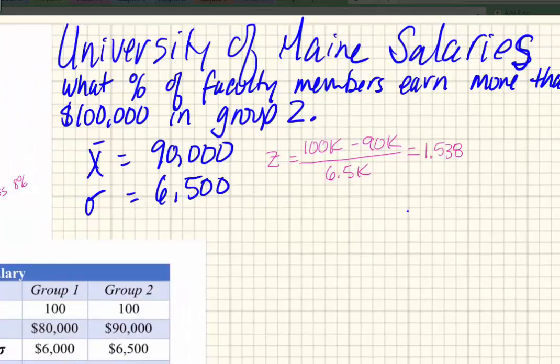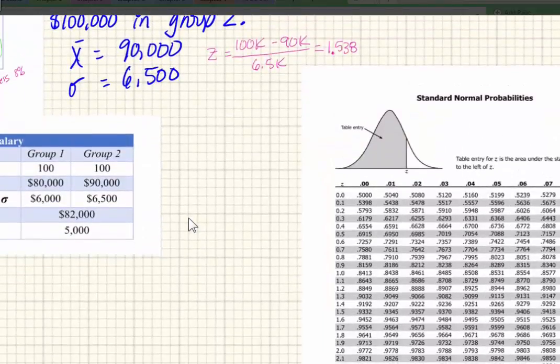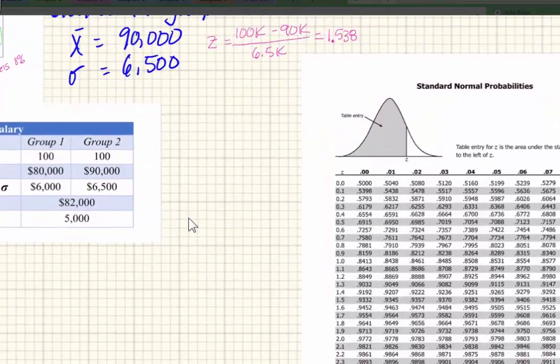And we get 1.538. So now we need to look that up on the z-chart. So when we look it up on our z-chart, we find our 1.538. We come down here to 1.5 and we go across the top to 3.8. So 3.8 is pretty close to 4. So right in here somewhere, about 93.8, 93.7%.